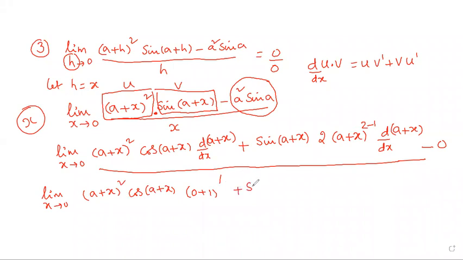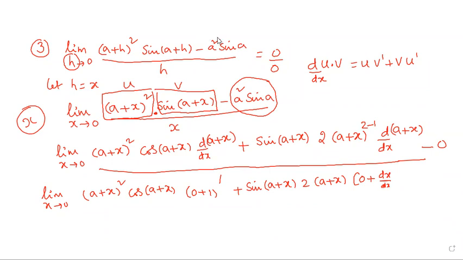Sin of a plus x. 2 into a plus x, power 2 minus 1 is 1. Separate derivative: a constant derivative is 0 plus dx by dx. Dx by dx means both are cancelled.